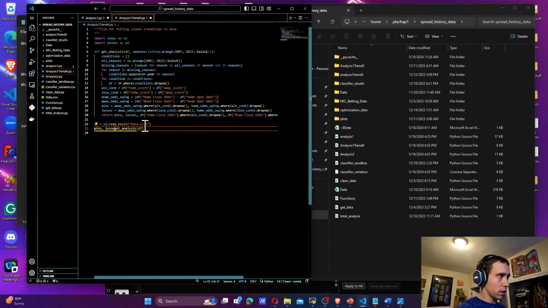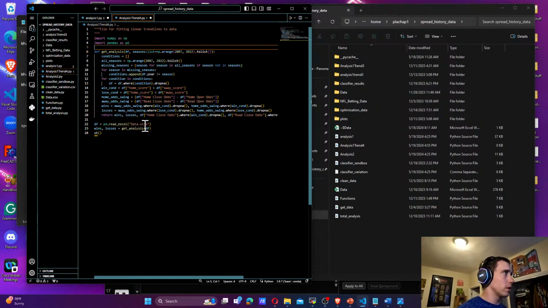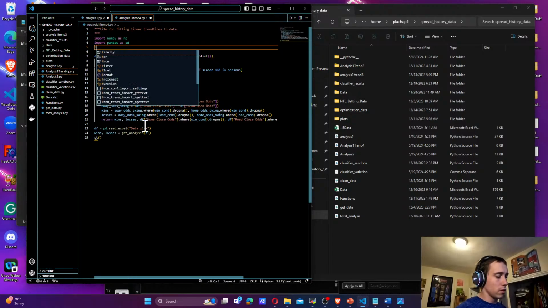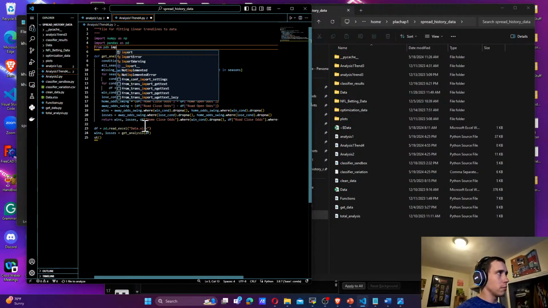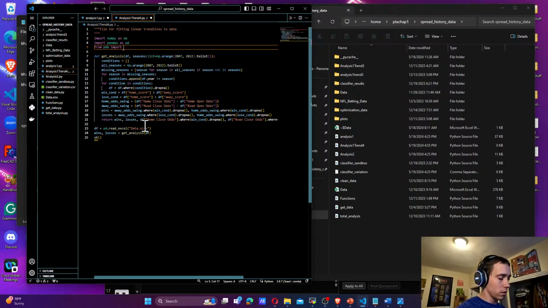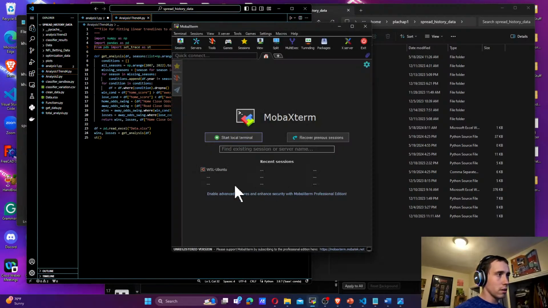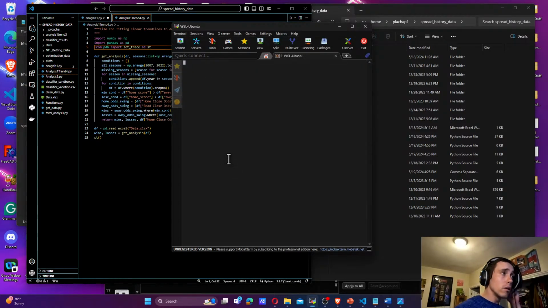Wins losses is equal to, and then let's just put the debugger in there. from pdb import set_trace as st. Okay, now let's go run the file.